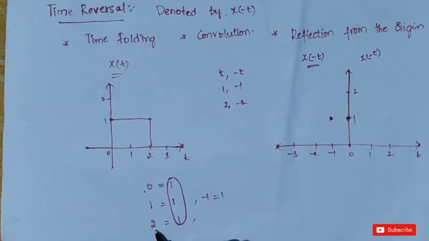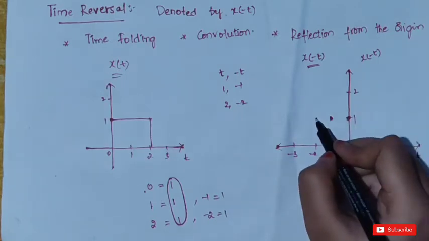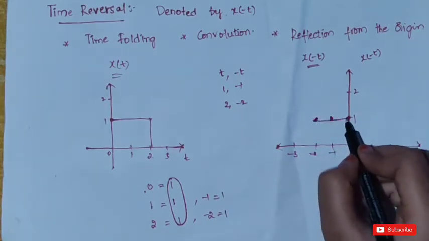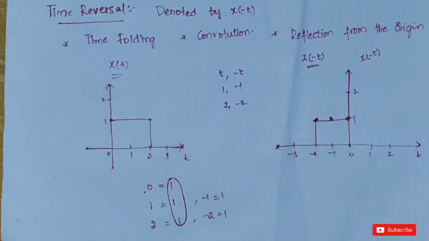In the same way, at 2 its amplitude is equal to 1, so in the time reversal signal, at minus 2 its amplitude will be 1. So this will be the signal x of minus t. Simply we have to do one thing: every t sample must be replaced with a minus t sample to obtain the final signal. This is what we have to do in time reversal.